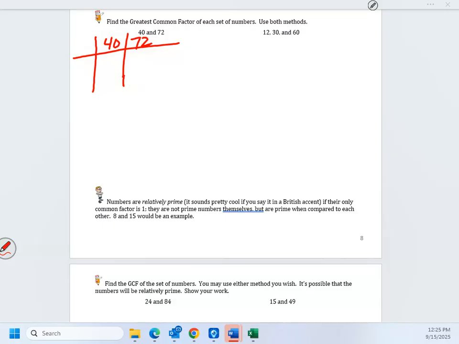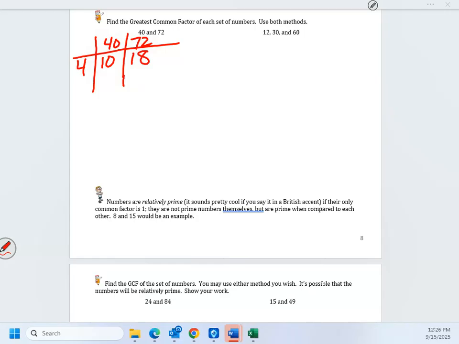Okay, so I'm gonna write 4 over here. 40 divided by 4 is 10. 72 divided by 4, let's see, 4 goes into 7 once, that would be 32. 4 goes into 32 8 times. So if I divide a 4 out of 40 and 72, I get 10 and 18 left.